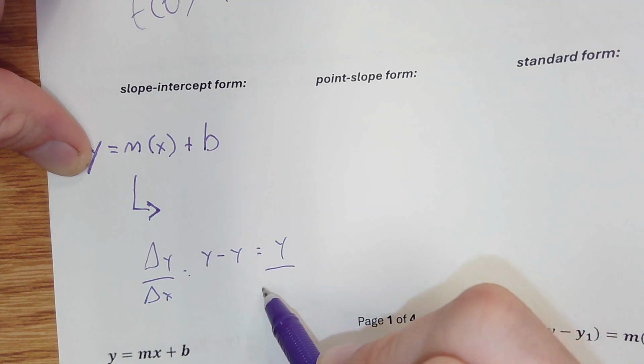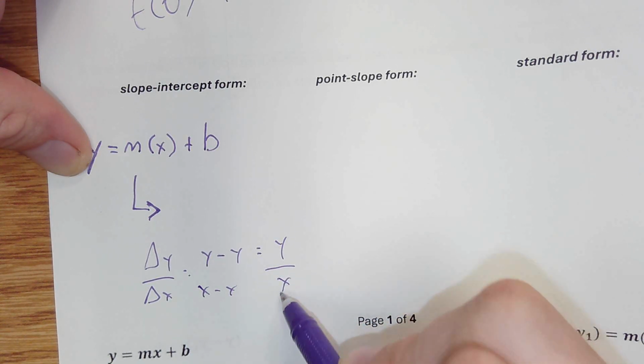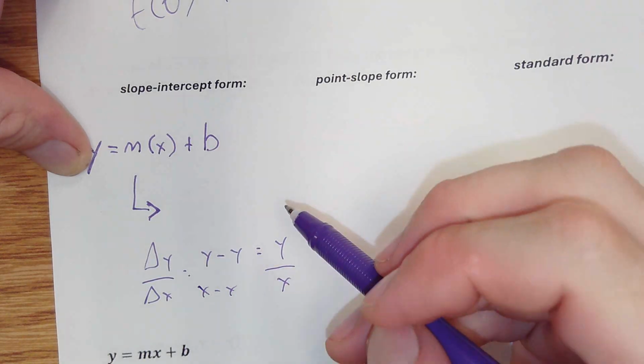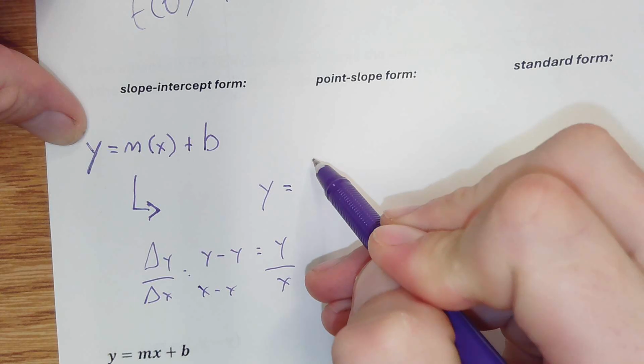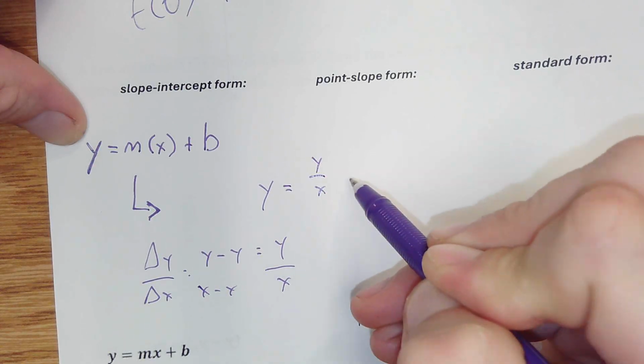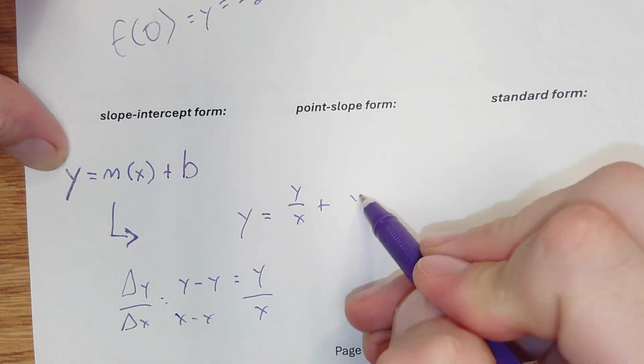And an x minus an x would equal an x, right? Well, in order to make unit analysis make sense, a y is going to be equal to a y over an x, times an x, plus our y-intercept, which is going to be a y value, plus a y, right?